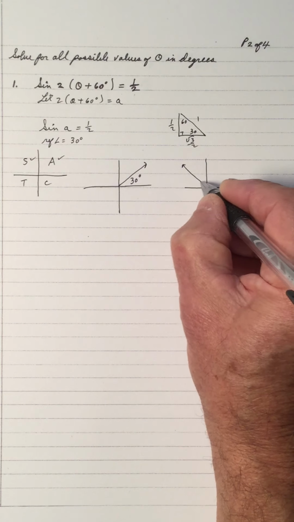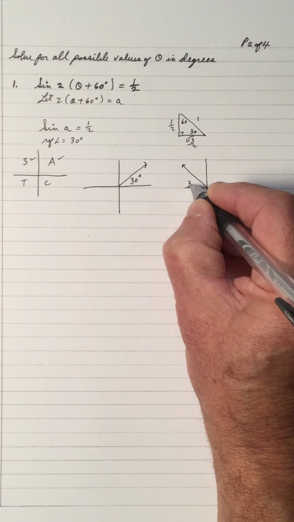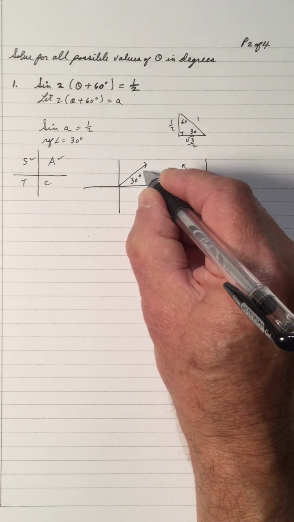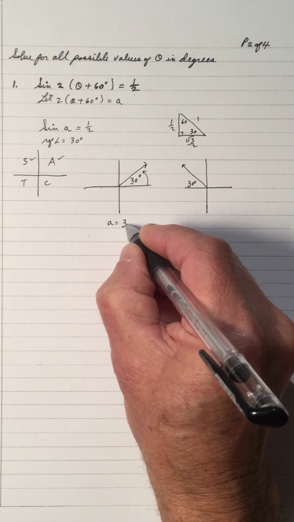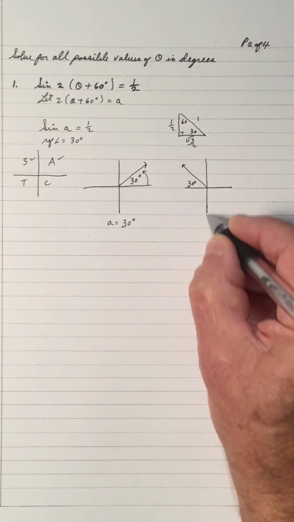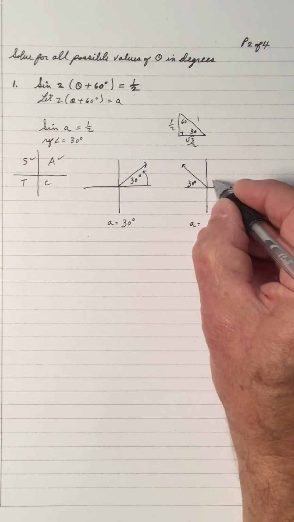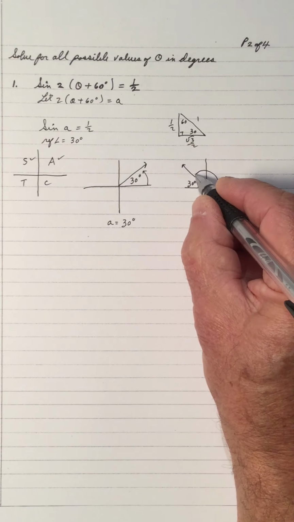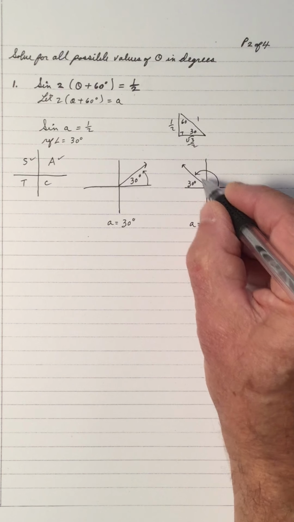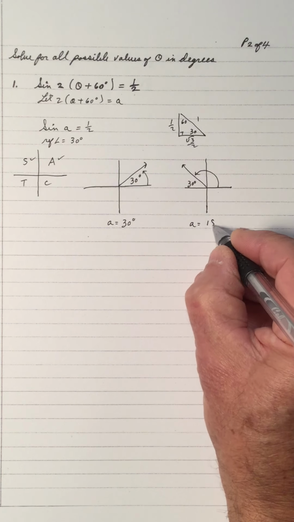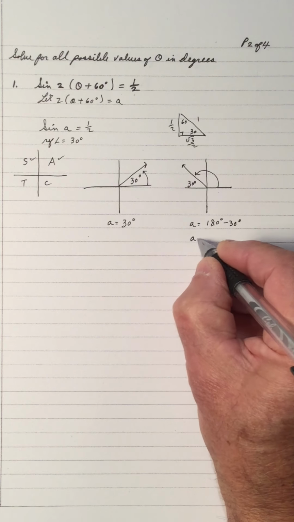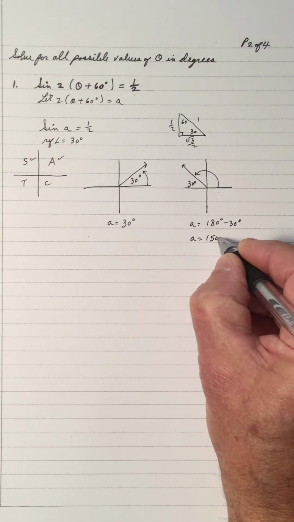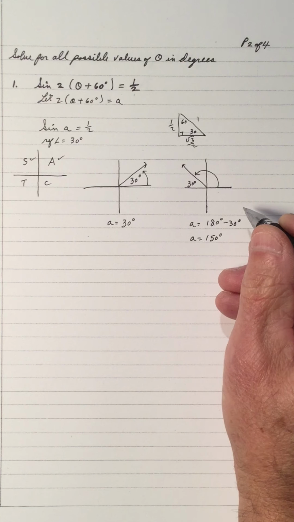The rotation is, so we have A to be 30 degrees, because that's 30, and A here is the rotation from the initial arm to the terminal arm, so that rotation is 180 minus the reference angle, so A is 150. Now we have the two angles.